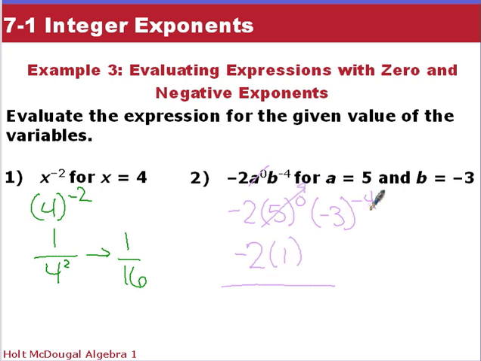Negative 3 to the negative 4, this term moves into the denominator, and it's raised to the 4th power. So we're going to get negative 2 over 3 times 3 times 3 times 3, which would be 81. And that is simplified. We have no negative exponents, and we have no zero exponents.